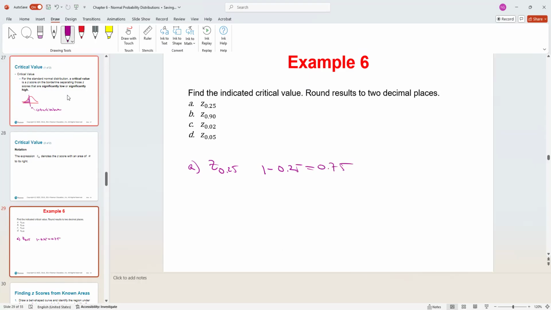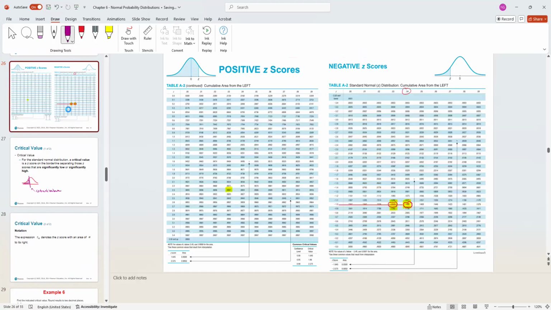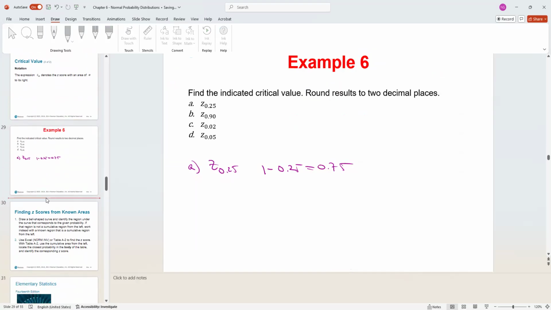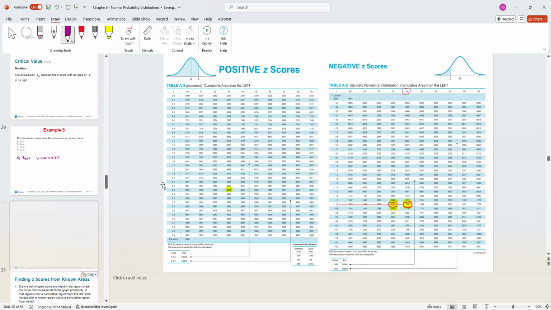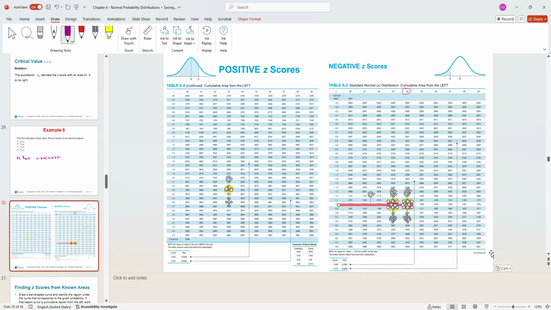Now, when you go to the z table, because we're using the z table a lot, looking for 0.75 as a probability, it would be either this one or that one.